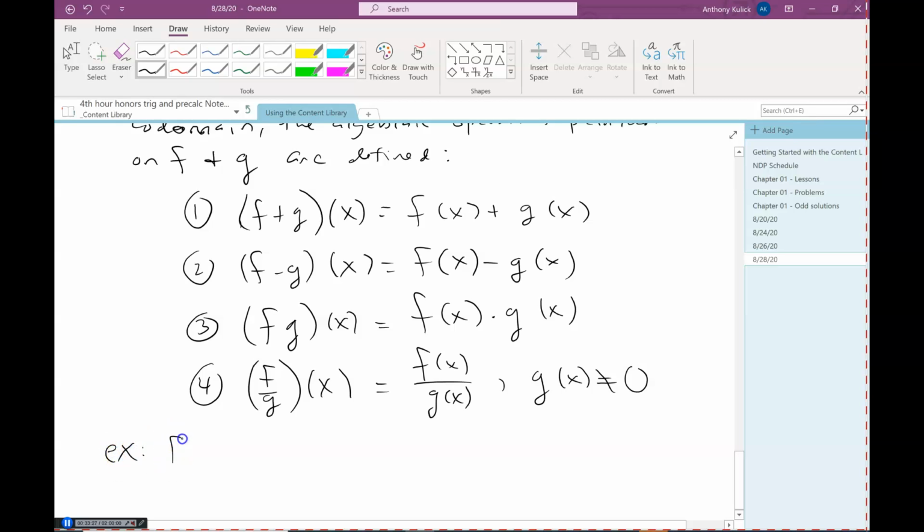So for example, if f of x is 2x minus 3, and g of x is the square root of x plus 2, what is f plus g of x equal to?